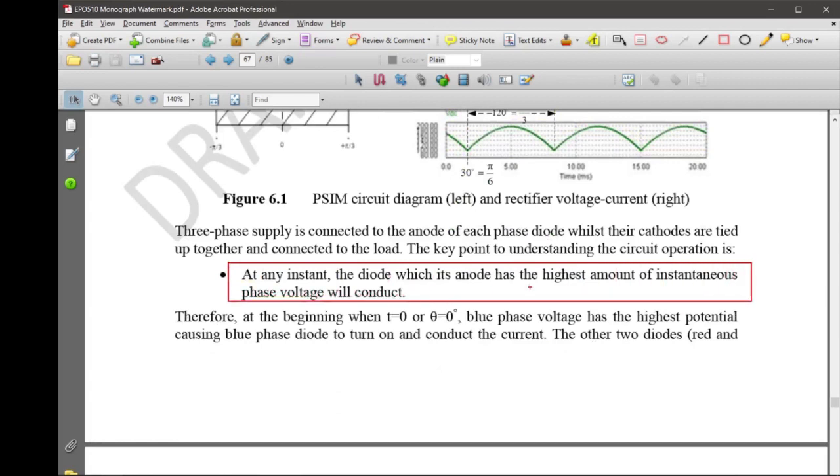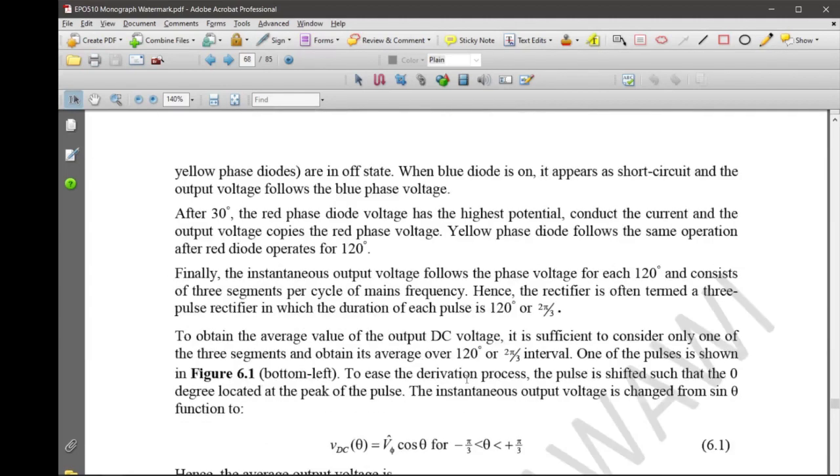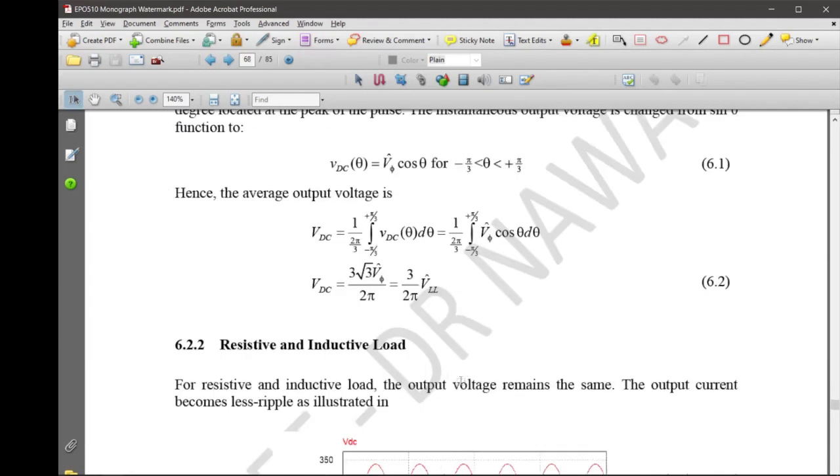By looking at this equation, we know which diode will be turned on at any time. And finally, you derive the average output voltage.